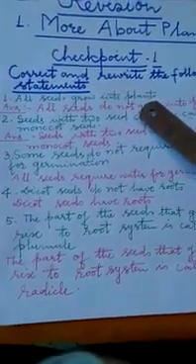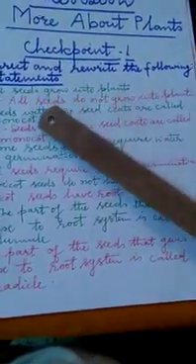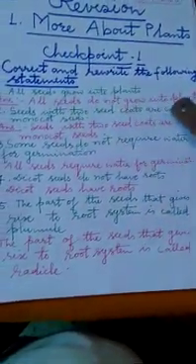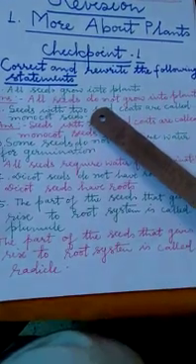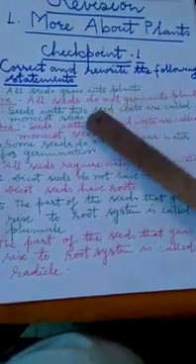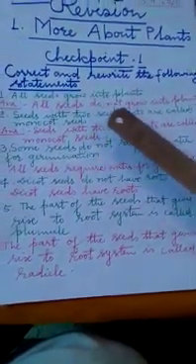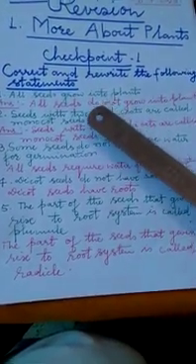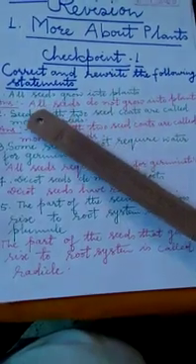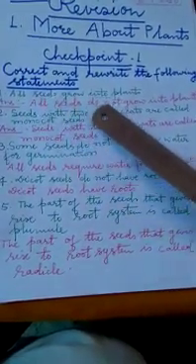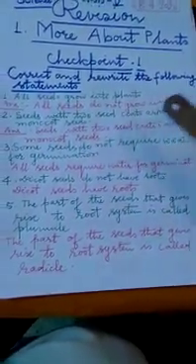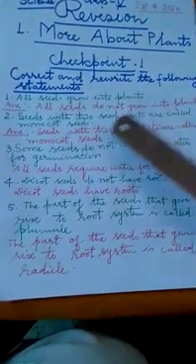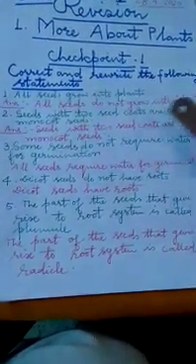All of us know that all seeds cannot grow into plants, because some seeds are eaten by insects, and some seeds dry up because they could not get air, water and warmth. The correct statement is: all seeds do not grow into plants.